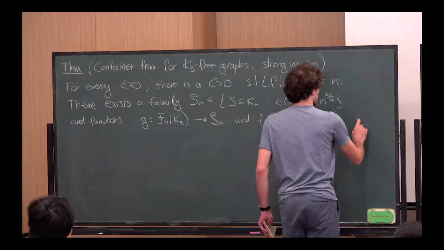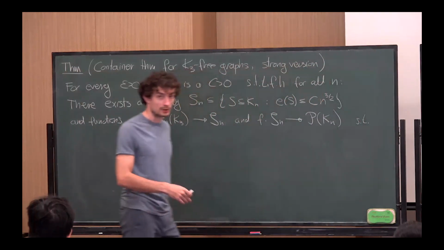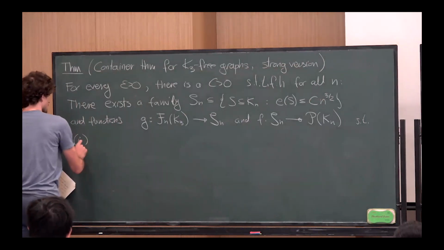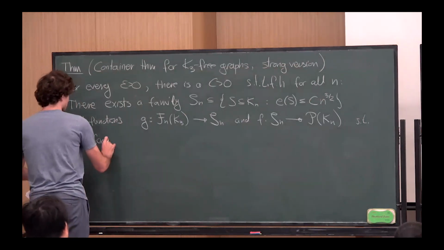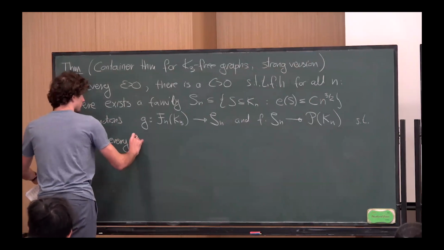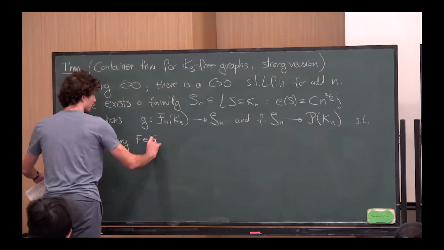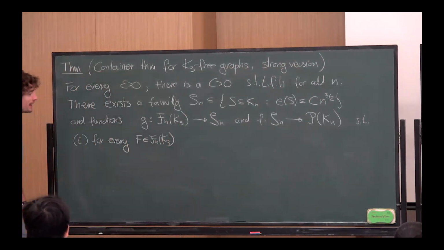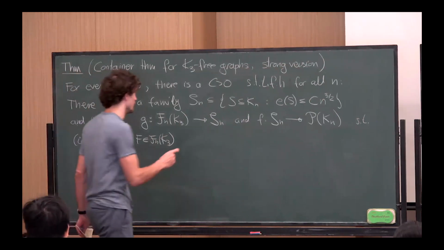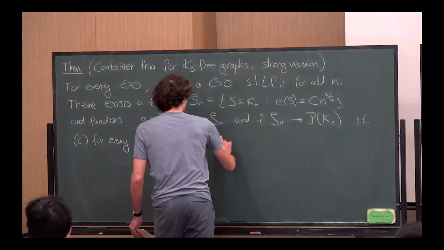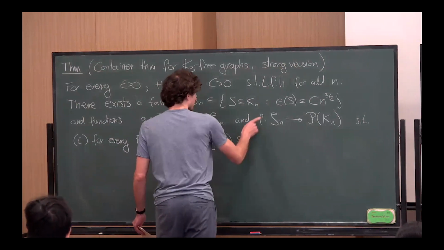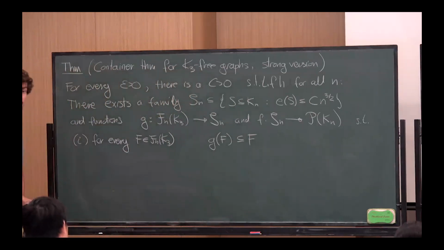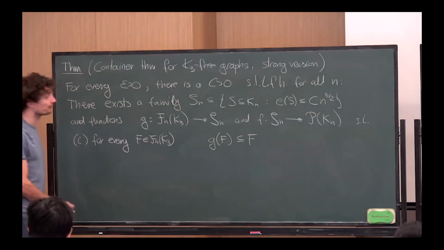And these functions have the following two properties. So first of all, for every triangle-free graph F, it's in the domain of g, so we're going to apply g to it. If we apply g to this graph, we will get a graph with a small number of edges that is moreover a subgraph of F.